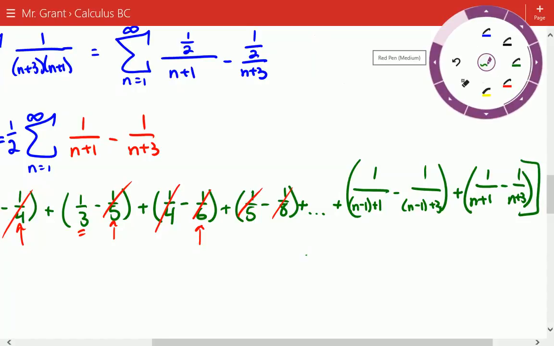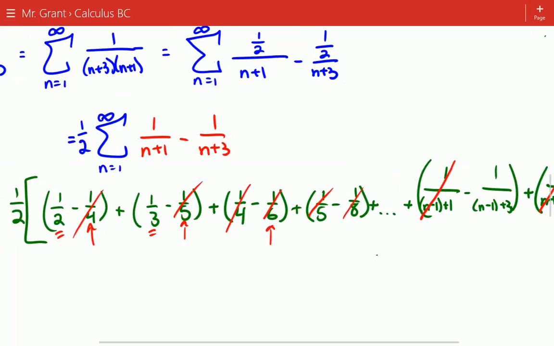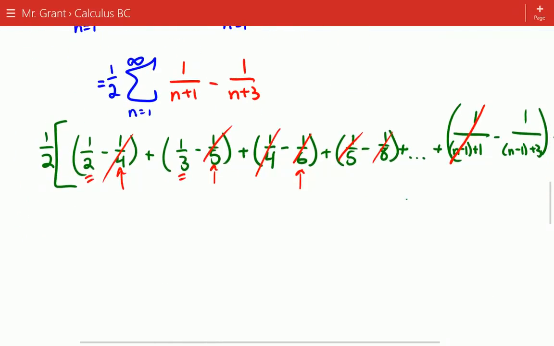And close those brackets. This will get canceled. The n plus 1s will cancel as well. But then we're still left with our last two terms. First two didn't cancel. That should imply the last two don't cancel. So therefore, our final sum is going to look something like this.